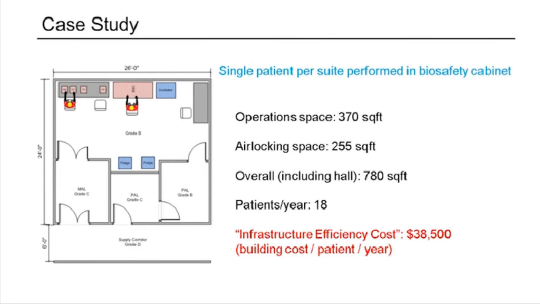So you can tell it is not very cost effective. The cost that I have listed there is what I refer to as an infrastructure efficiency cost. So it's sort of the cost of this space per patient per year, so dependent on the throughput of the suite itself.